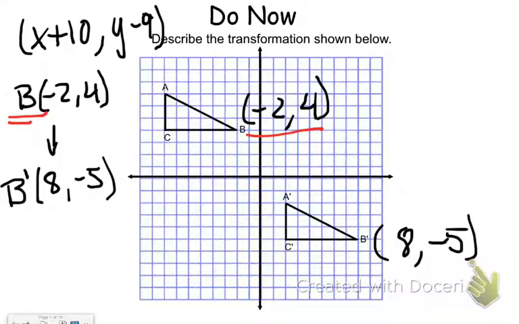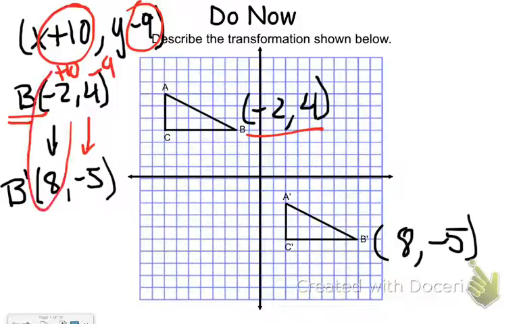So instead of counting how many units to the right and how many down, we can simply add 10 to that x value, and that'll give us a positive 8. And we can take our y value of 4 and subtract 9, which will give us a negative 5. So you don't always have to count how to get from one point to another. You can identify the coordinate rule by finding the distance between the x values and the y values.